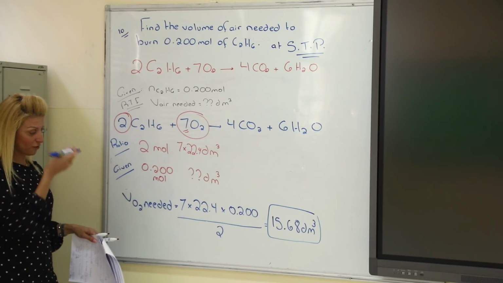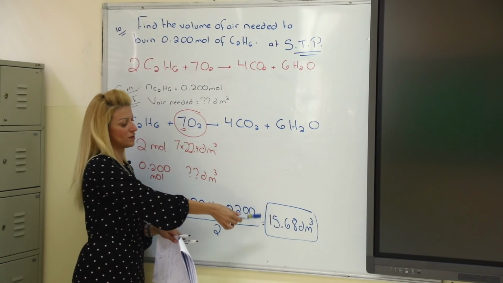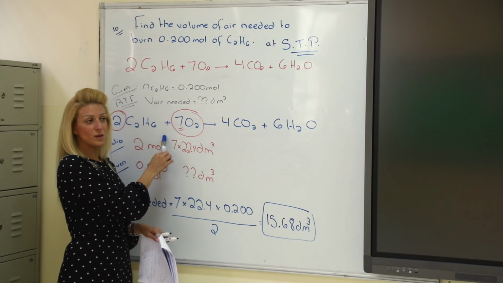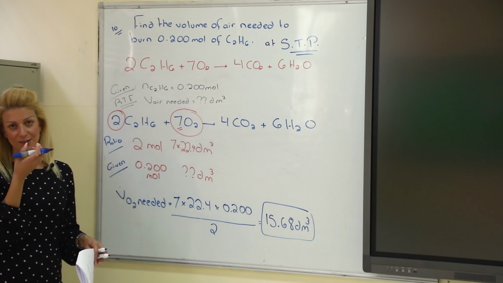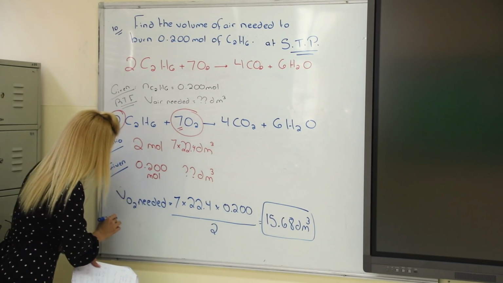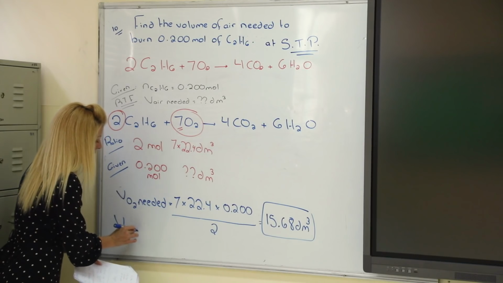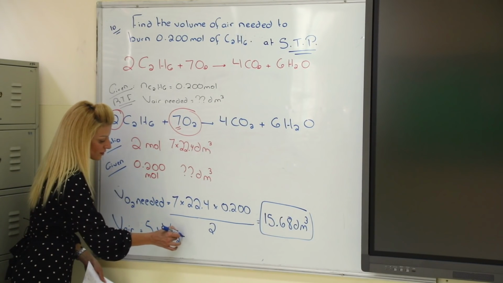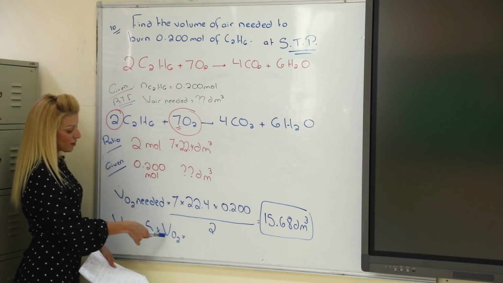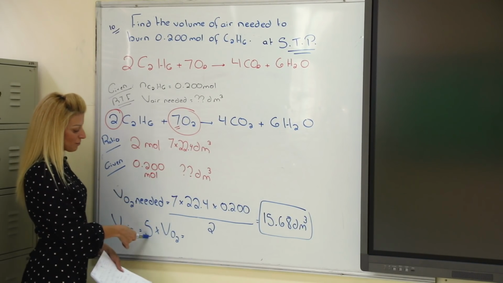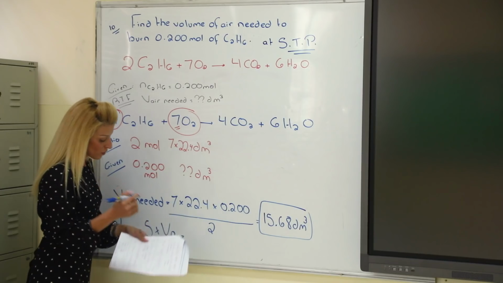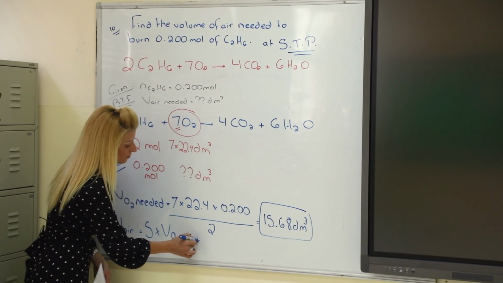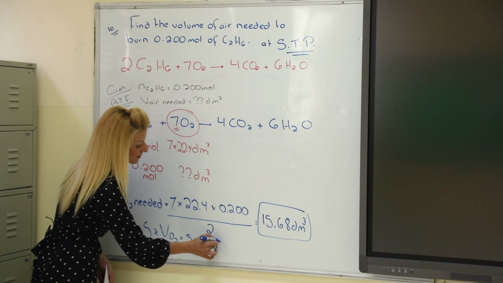So how do we get the volume of air from the volume of oxygen? Since we know that air is 20% oxygen, it means that the volume of air will always be 5 times the volume of oxygen needed. So volume of oxygen we found, we multiply that by 5, we will end up with 5 times 15.68.